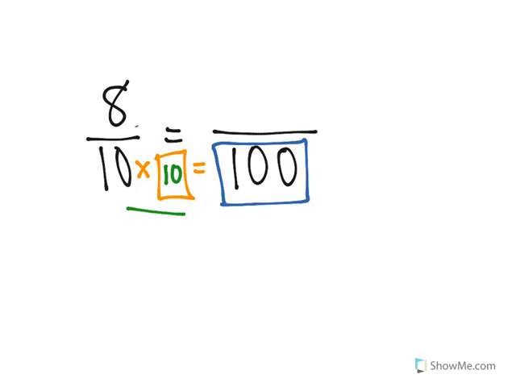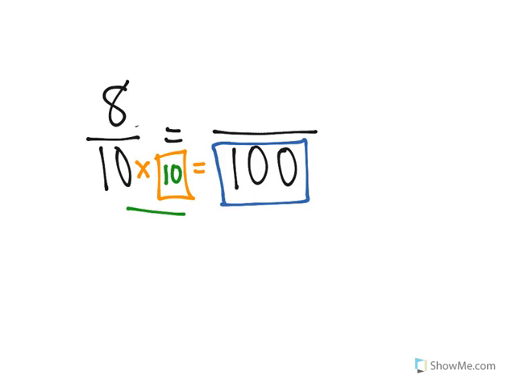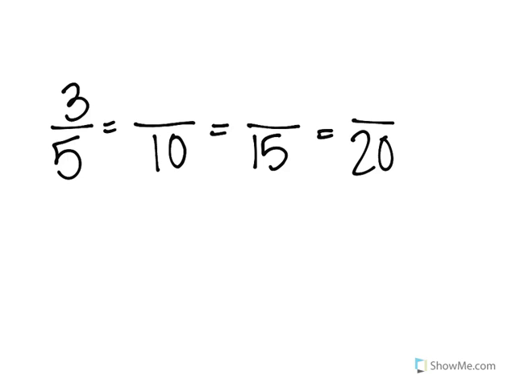And if I multiply my denominator by a number, like before, I have to multiply the numerator by the same number. So I multiply 8 times 10, and that would give me 80. So my missing spot would be 80. So I would have the new fraction 80 hundredths, and that is equivalent to 8/10.